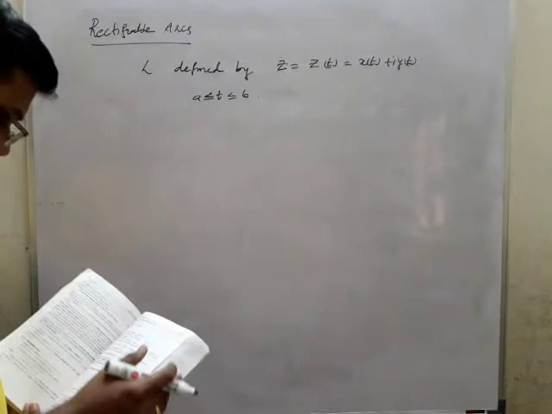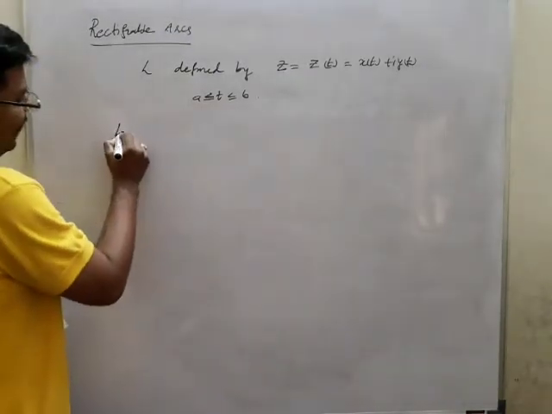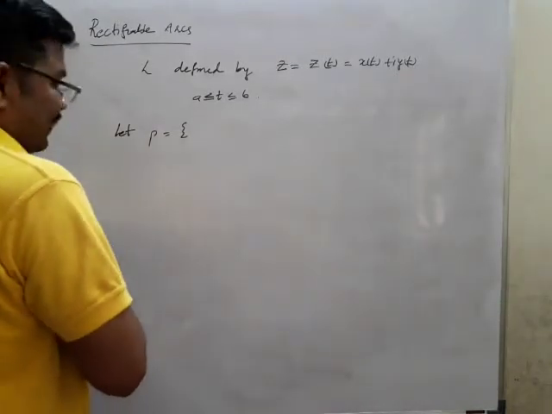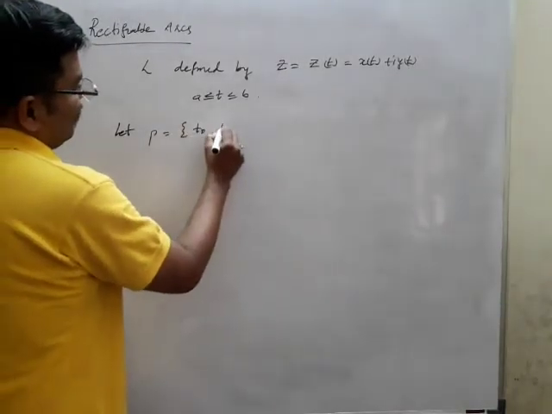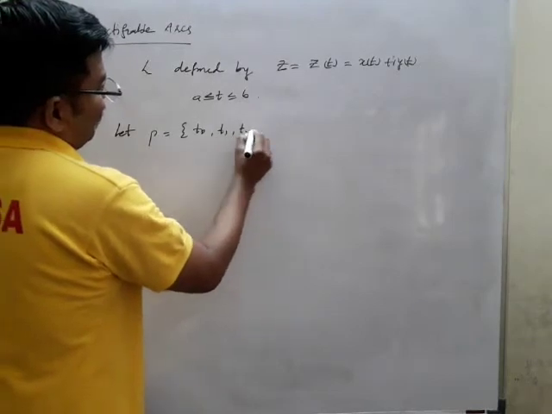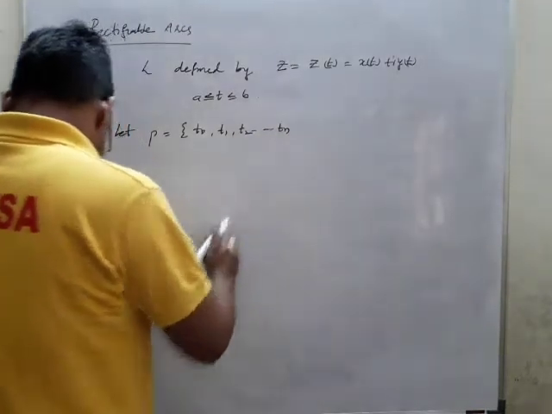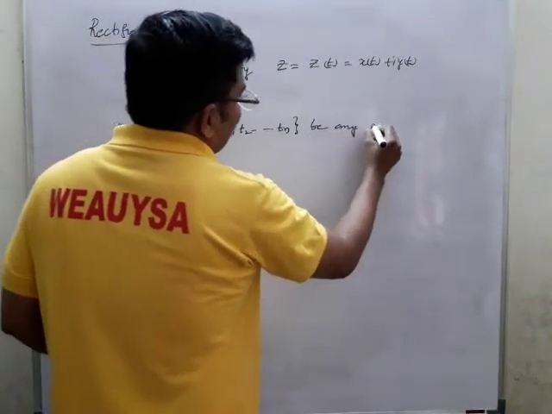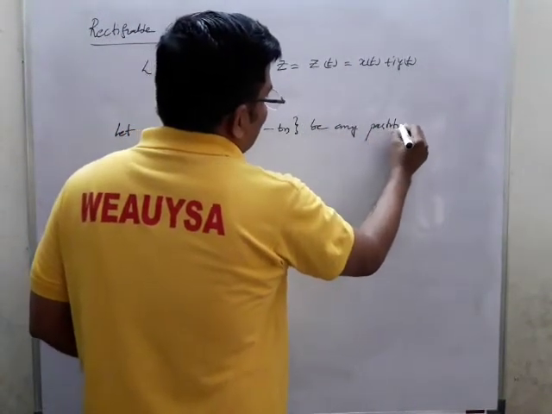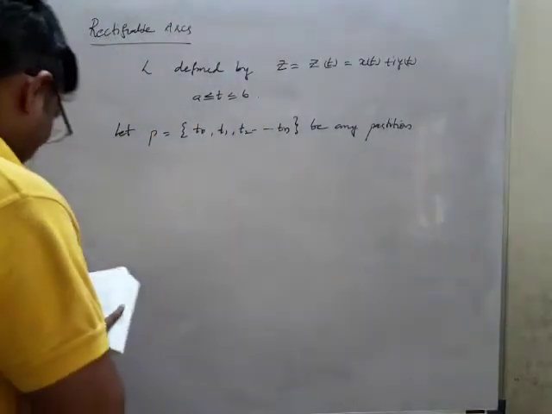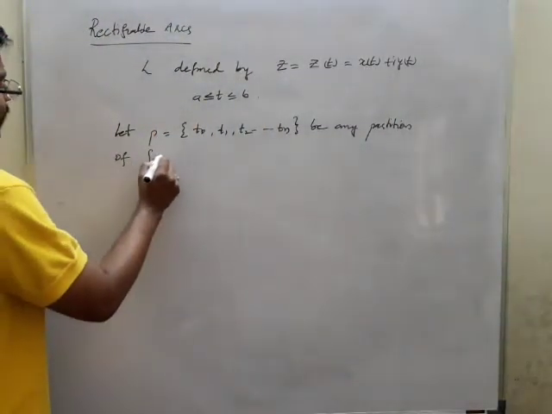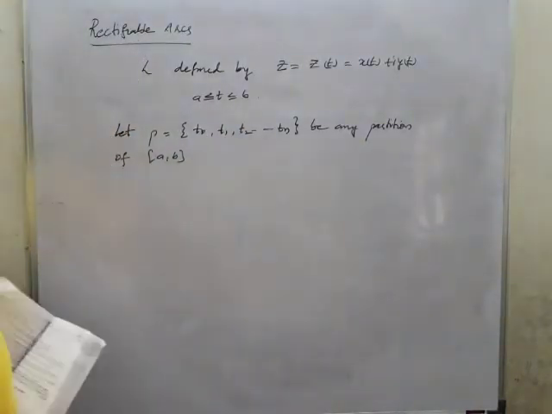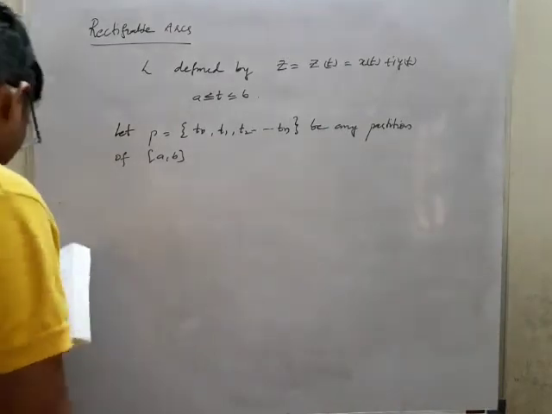So t is defined in this form, and we'll take a partition P, which is T0, T1, T2, and so on up to Tn. This is a partition of [a, b]. So in between this a, b, these are the partitions we have chosen. That partition is P.